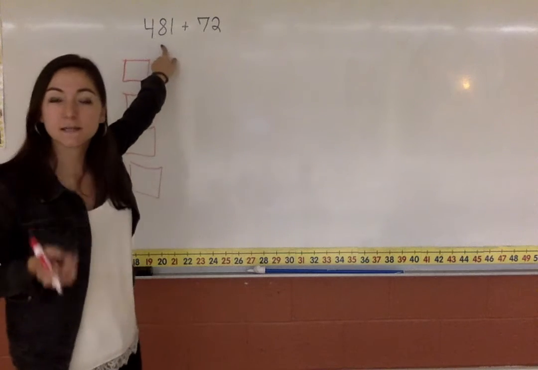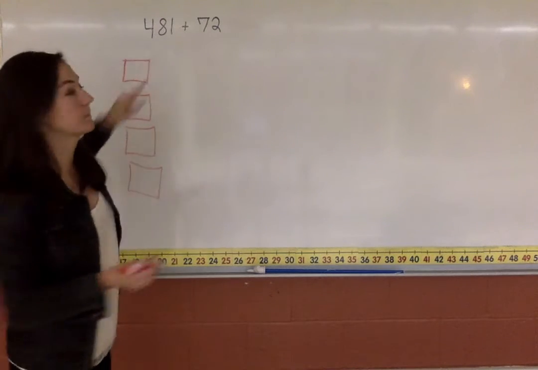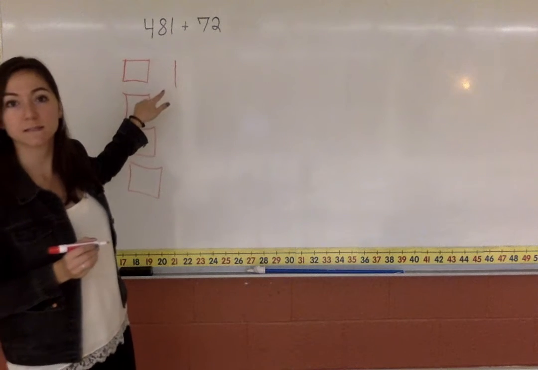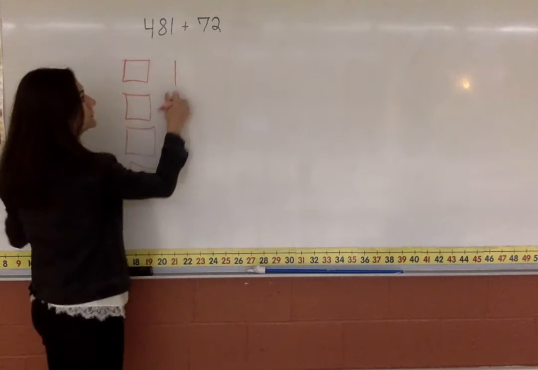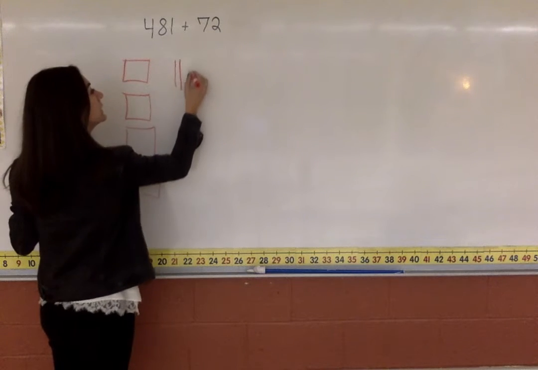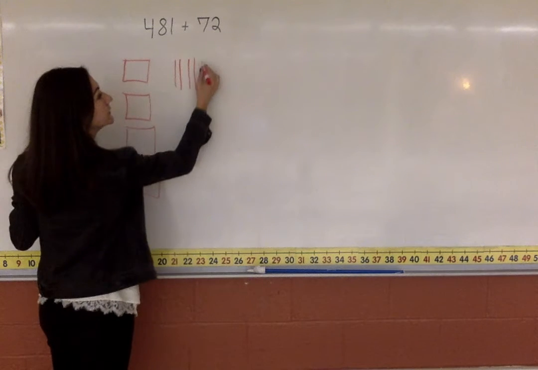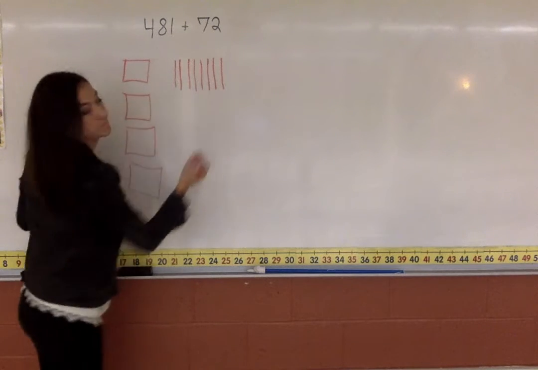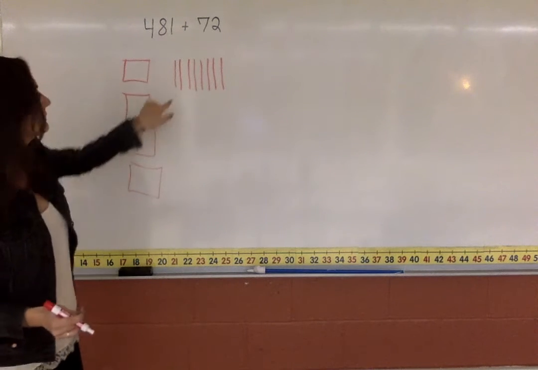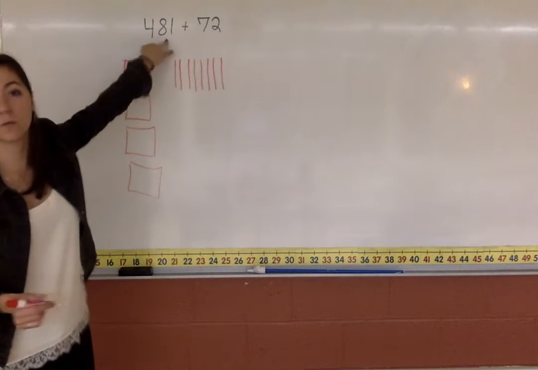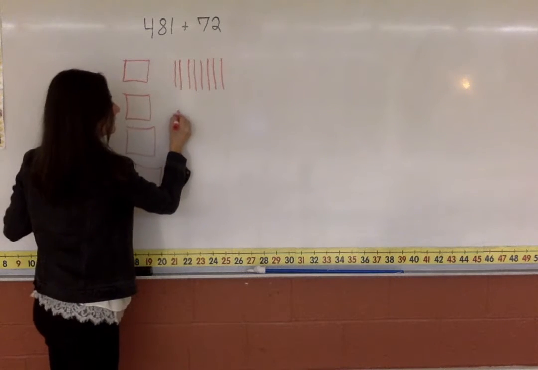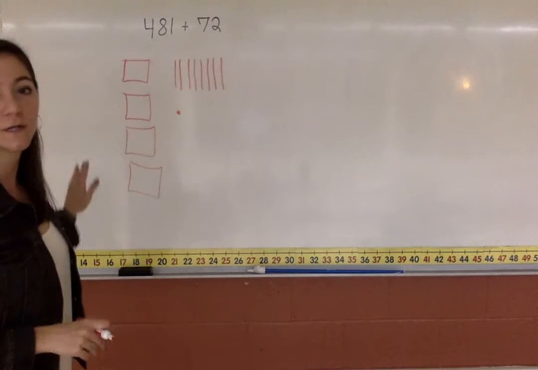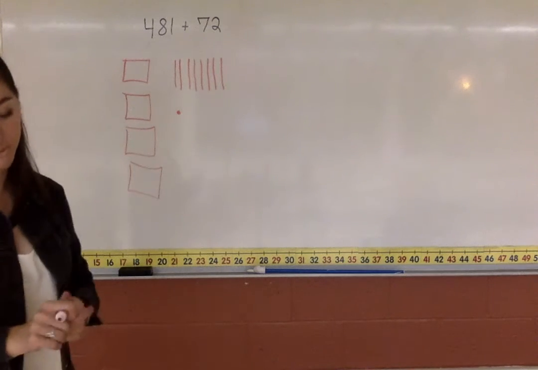I have 8 in the tens place, and one of these represents a 10. So I'm going to make 8 tens: 10, 20, 30, 40, 50, 60, 70, 80. Okay, so 480, and I have 1 in the ones place. We're just going to use a little dot for a 1, so 481, okay?